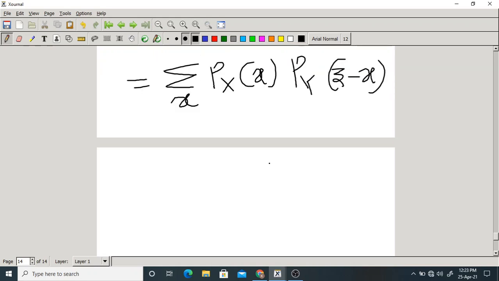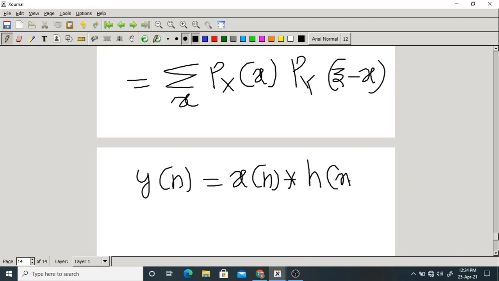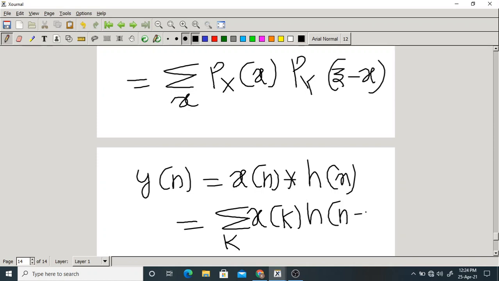Suppose in the discrete case, if I ask you y of n equal to x of n convolution h of n, what is the formula you write? Summation over k, x of k, h of n minus k. Okay.